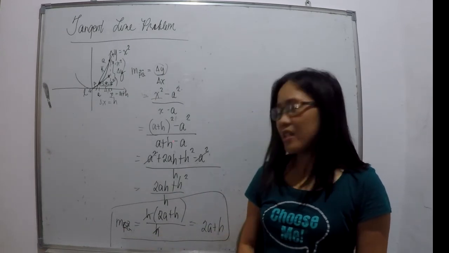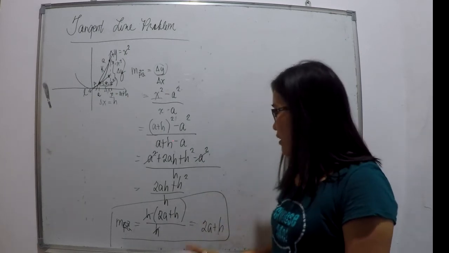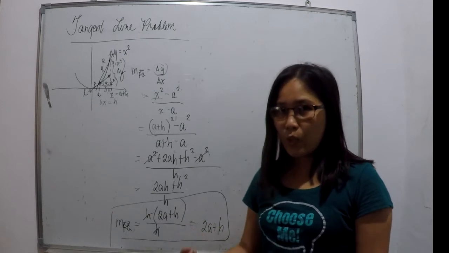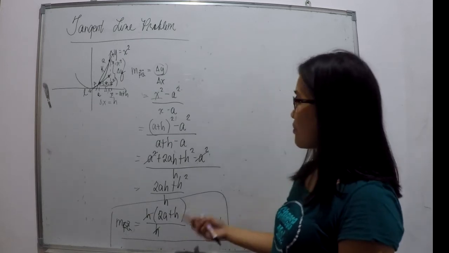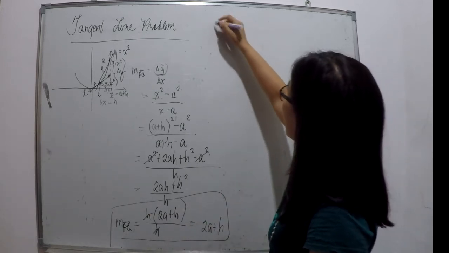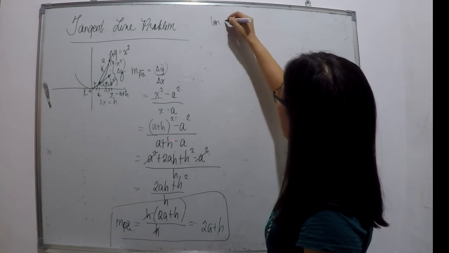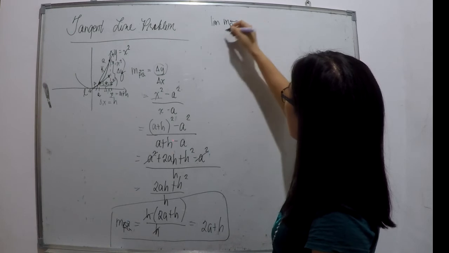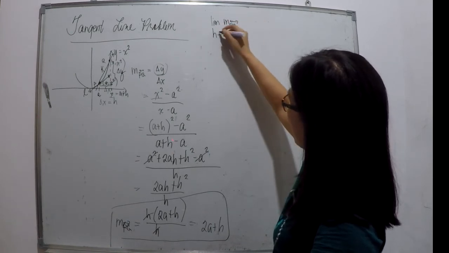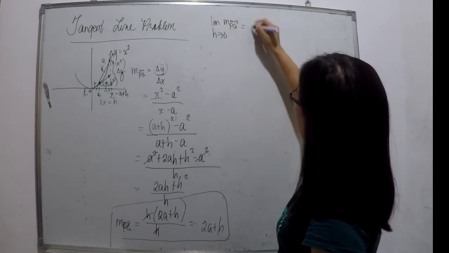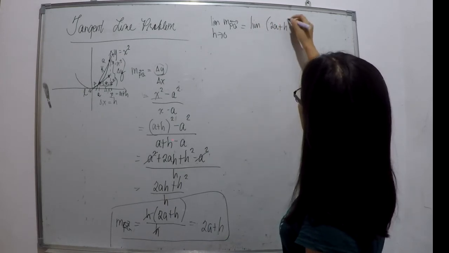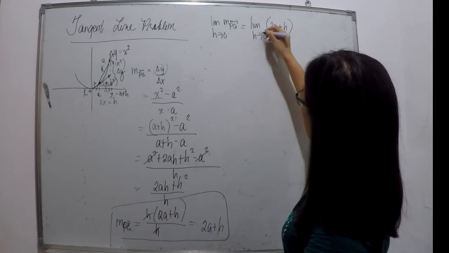Now, during our discussion with limit, getting the limit of the slope of the secant line is actually the slope of the tangent line. So, in other words, getting the limit of the slope of the secant line PQ as h approaches 0 is equal to the limit of 2a plus h as h approaches 0.